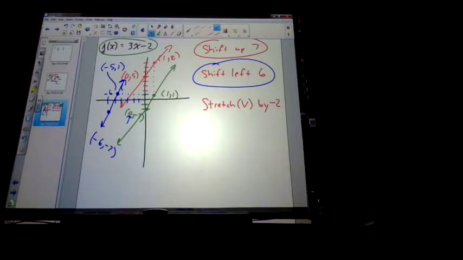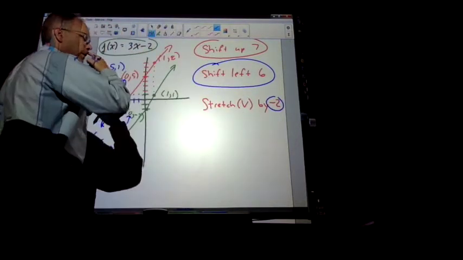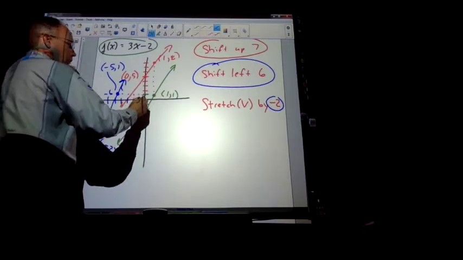Okay? But then, what happens if the graph itself does a stretch? Linear stinks for stretch, because a line stays a line. If you stretch a line, it still just looks like a line. But the stretch in this case is I'm going to multiply all of the original y values by 2. So I'm going to go to 0, -4. Oh, excuse me. We're doing this stretch by -2. So I'm going to flip it. So I'm going to go 0, 4.